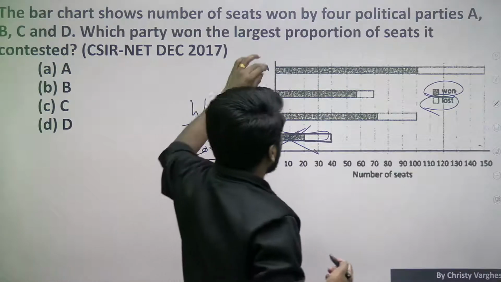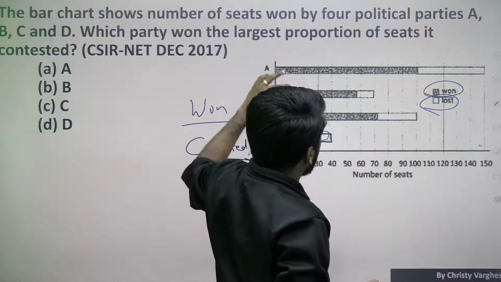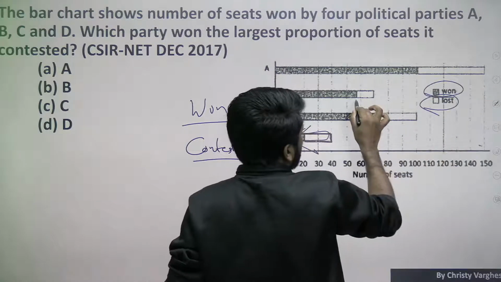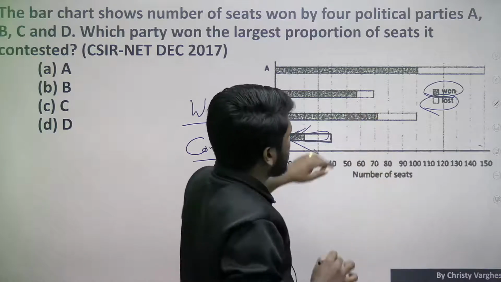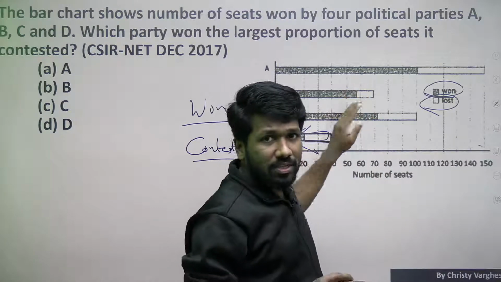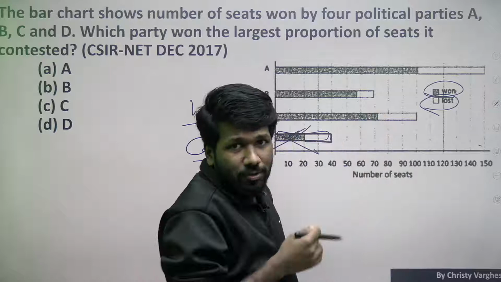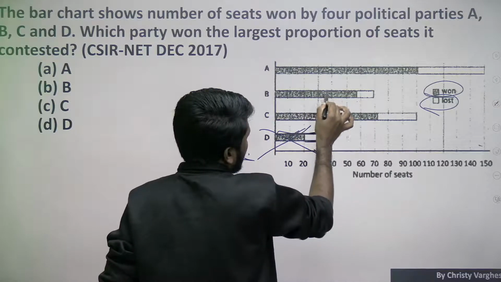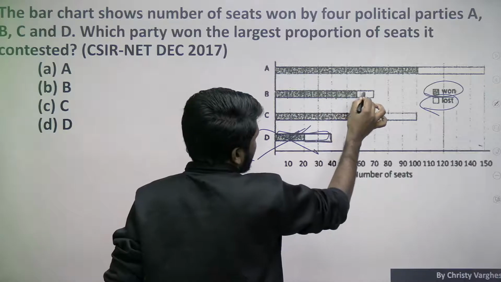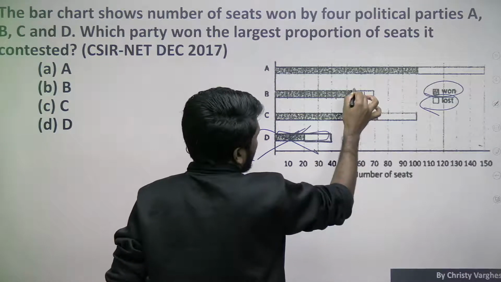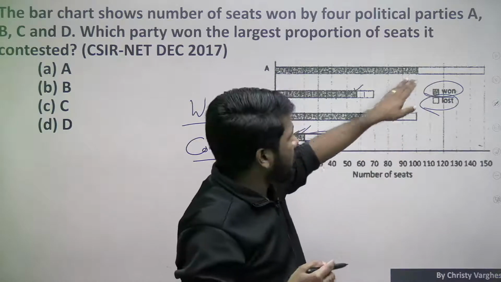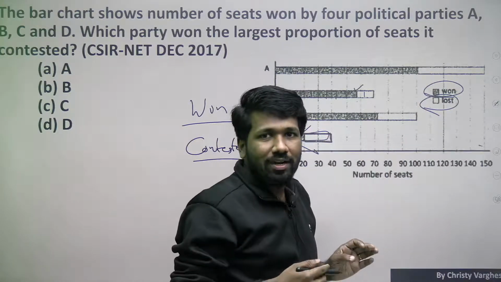Now if you compare A and B, B's percentage is much higher than A's. B's percentage is above 80%. Visually looking at it, you can say that. If you divide this into 10 equal regions, this will cover almost 8 out of 10. But this is not 8 out of 10, this is below 7 out of 10.